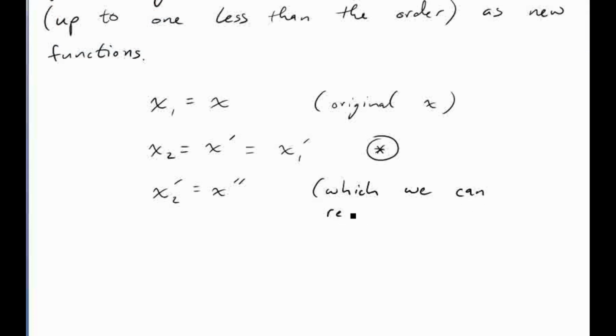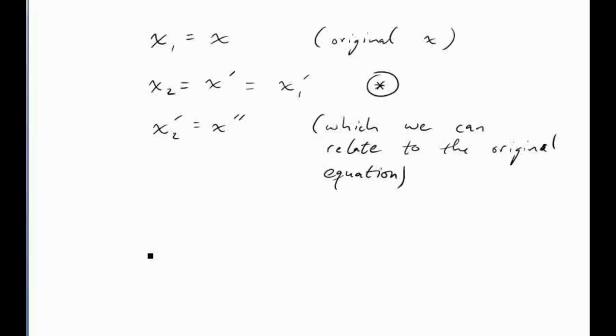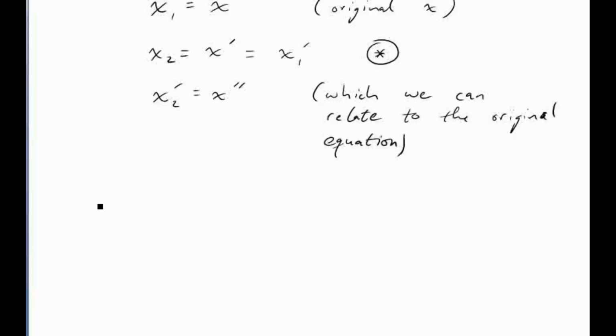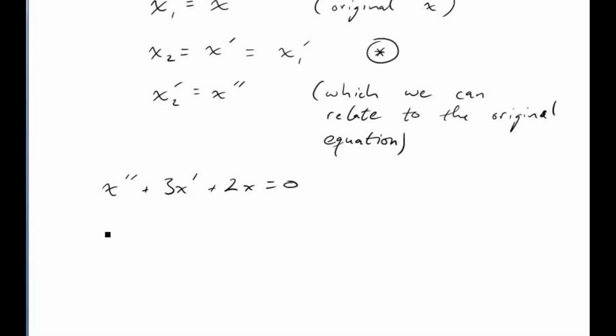Which we can relate to the original equation. In particular, what we would have is x double prime plus 3x prime plus 2x equals 0. Which we can now translate into our new system of variables.